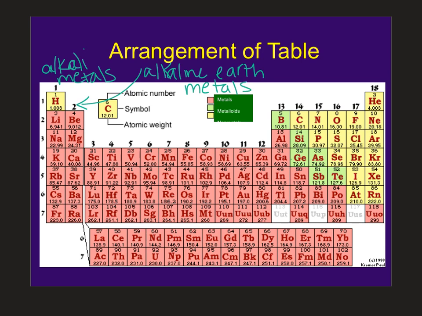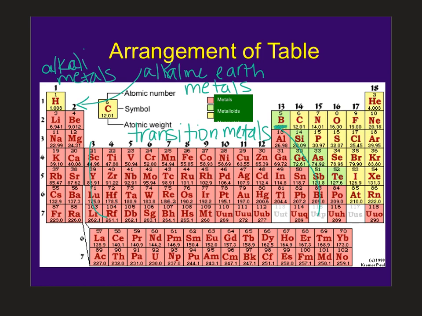Our middle portion, these going underneath your staircase, are called your transition metals. And then once we get to groups 13 through 17, you're naming them by who's on the top.